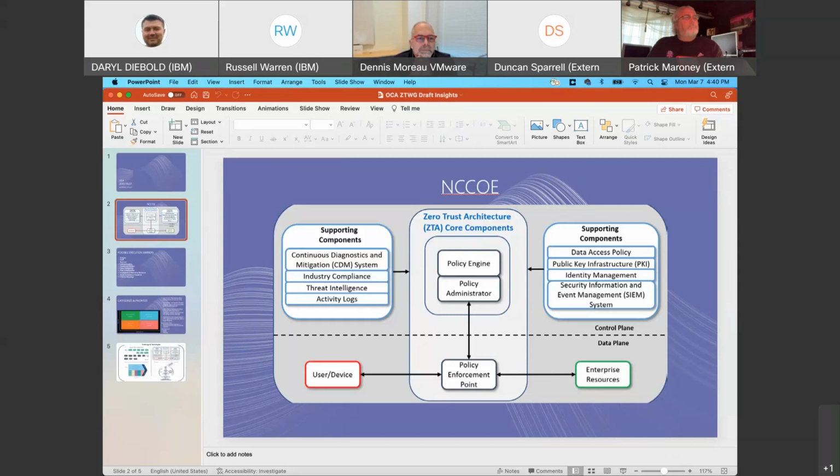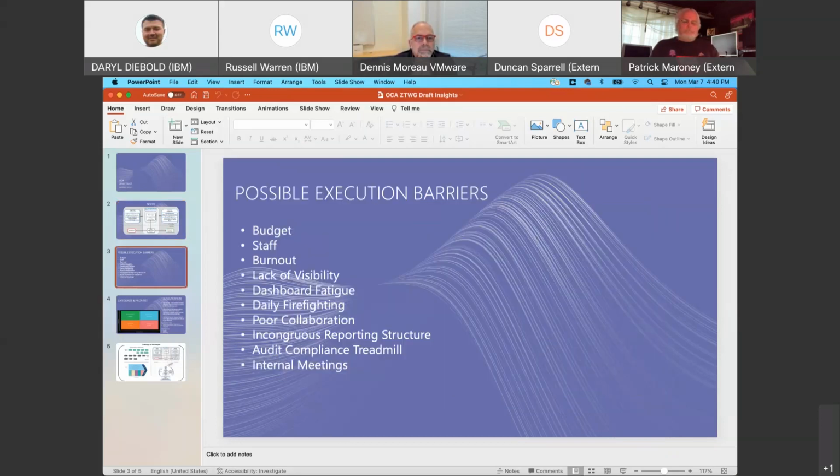If you go to the next slide, this is just some execution barriers we should be talking about around zero trust, because whoever said zero trust isn't really clear, I think I agree completely. For lack of a better term, it's a little bit better than just trying to follow comprehensiveness standards, because that's just not plausible for these reasons.